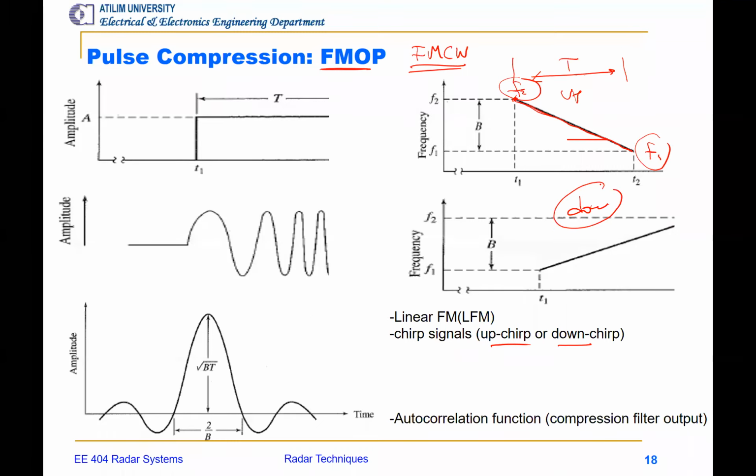And as in most radar systems, we use matched filter detection. We can use matched filter detection in FMCW or FMOP systems, and the matched filter is mathematically an autocorrelation process.